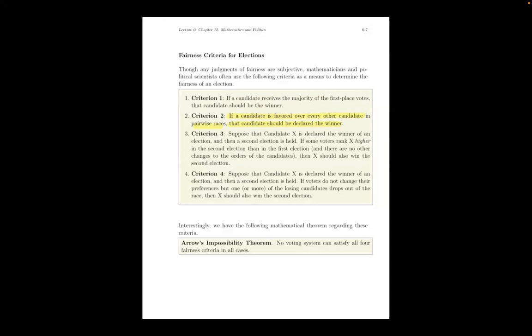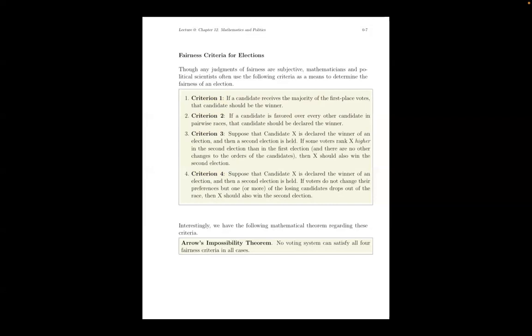Now we might see that the point or sequential runoff systems actually don't satisfy this in all cases. It's important to note that a lot of these voting methods don't satisfy all criteria in all voting outcomes, but it could be that sequential runoff or a point system might actually, in a particular election, happen to satisfy all 4 of these criteria. It's just whether or not they will generally always do that. And that's a very interesting question that we're going to end this page on with an answer.